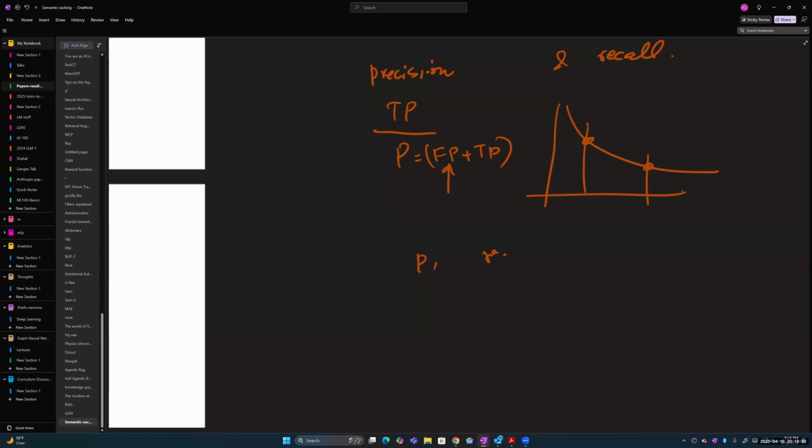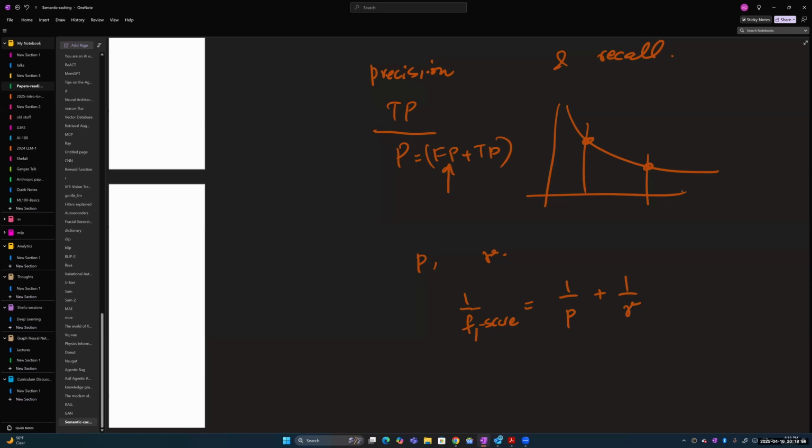But if you don't care for either, like let us say that all you care for is that both the numbers should be good enough, then what you can do is you call it F1. F1 score is something called the harmonic mean. You remember the harmonic mean?